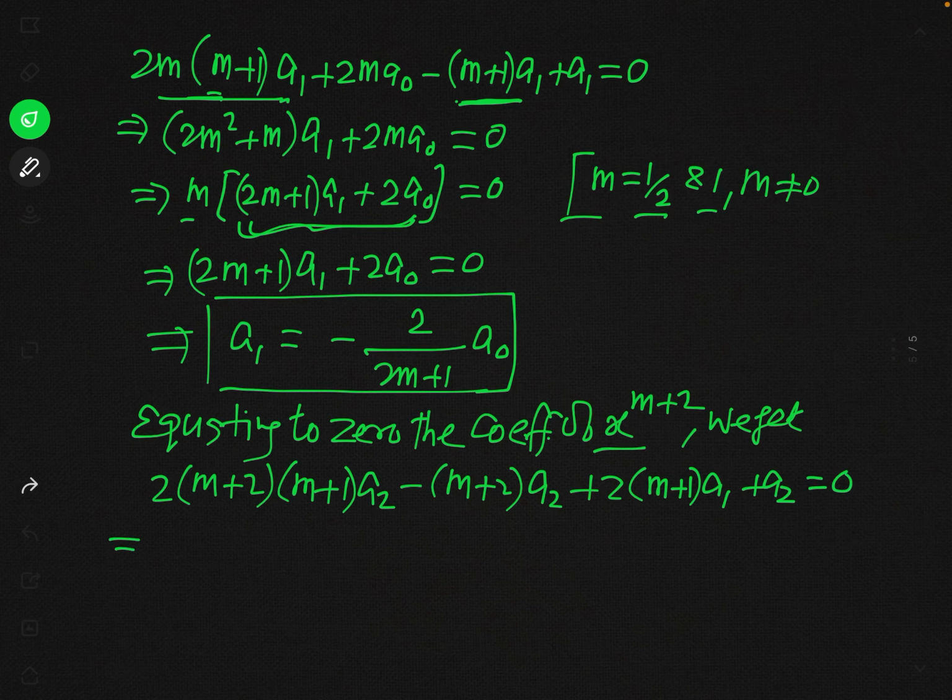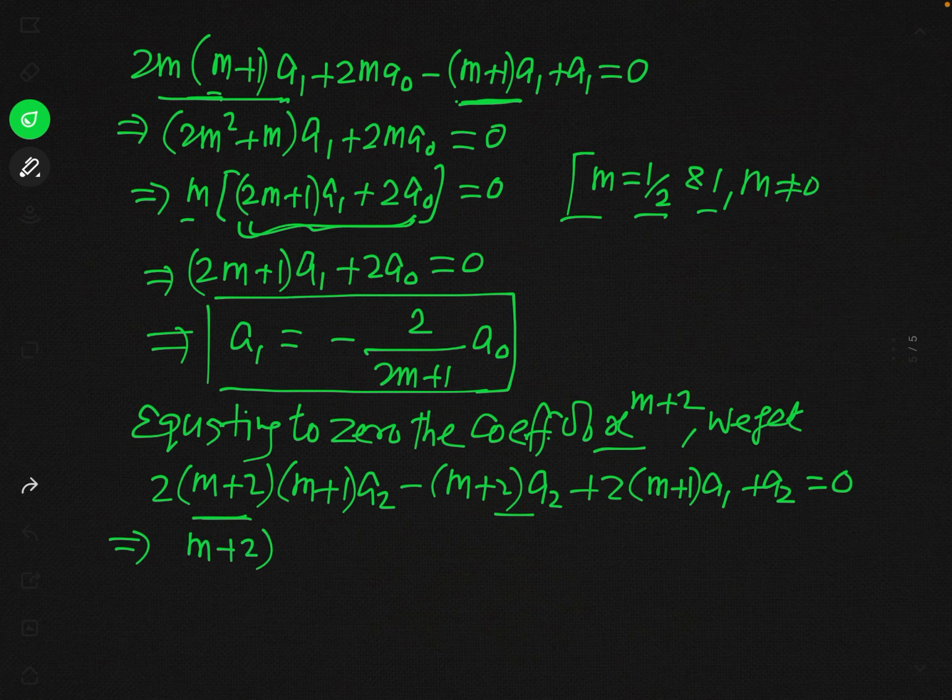Now we will simplify this equation to some extent. So you can see here this is 2 into (m plus 2) into (m plus 1) a2, and here is also in fact a2. So let us first of all see these two terms. In fact (m plus 2) into a2. If you take (m plus 2) into a2 as a common factor, then what will be our result?